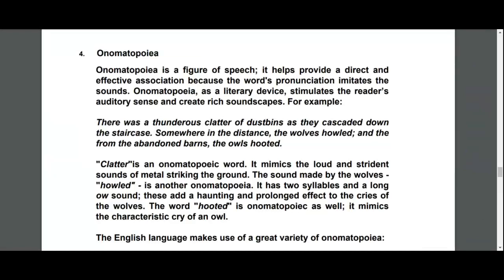Howled. Okay. The third onomatopoeic word in the passage is hooted. The owl hoots. So, the word hooted mimics the characteristic cry of an owl.